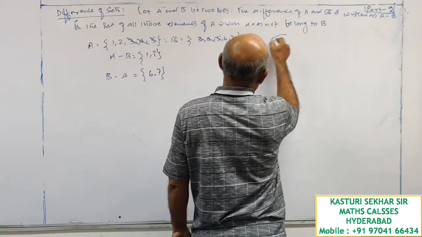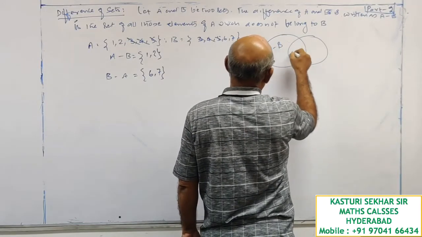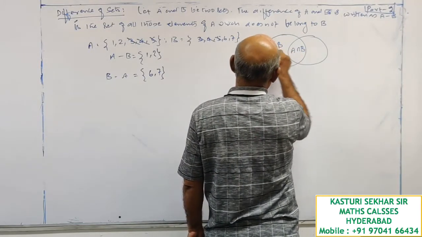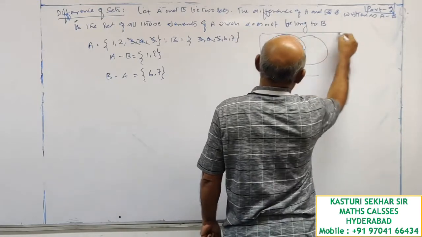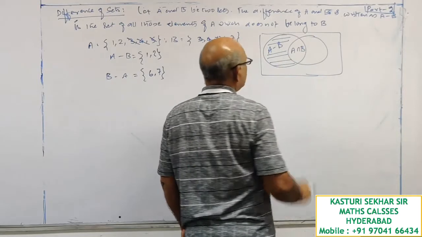Let us see. This is set A. This is set B. This is A minus B. A intersection B. So A minus B means this part only I have to consider, shaded portion.